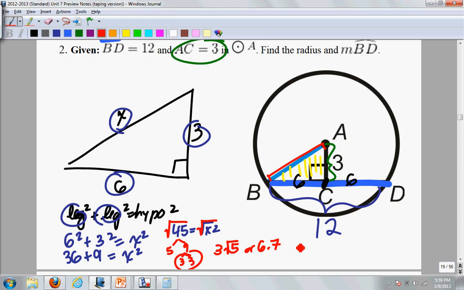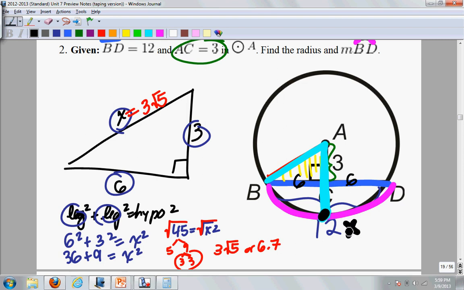If I had specified simplified radical form, I would have wanted 3 root 5 here. Now notice, we also want the arc B to D, the measure of the arc. Now the trick to this is we need to pull this out, and we need to find this angle right here, BA.